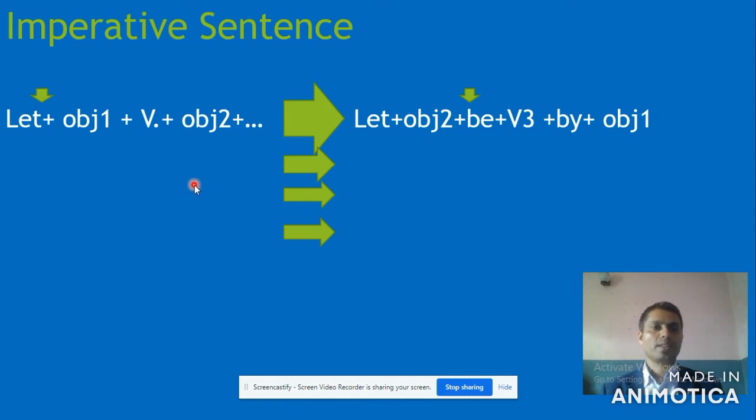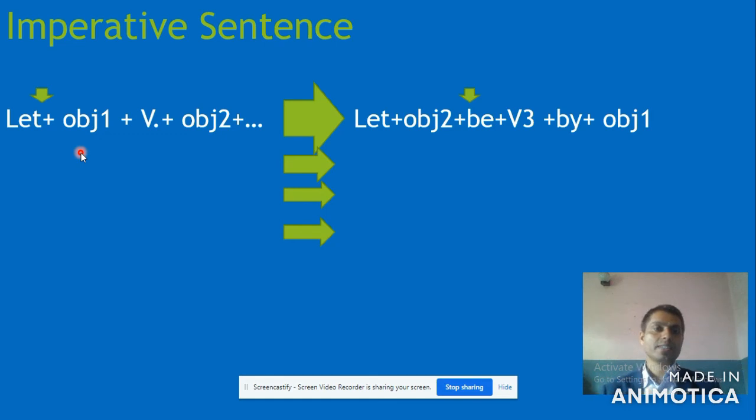Let's have a look under imperative sentence, right? When you see an imperative sentence, then you have to apply a certain rule. So now I'm going to teach you here. Very first, identify the imperative sentence. If the sentence begins with verb 1 or "let", such types of sentences are called what?